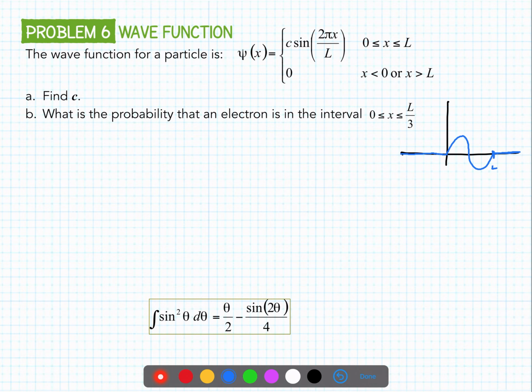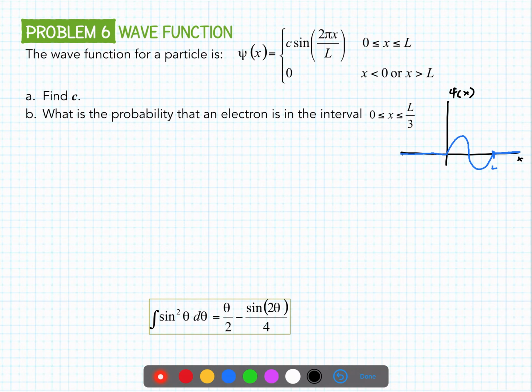So this is L. So we have something that looks like this for our wave function, and that's x. So if we want to figure out the probability that the electron is in the interval here, we have to first start by normalizing this wave function. And that's what we always have to start with.